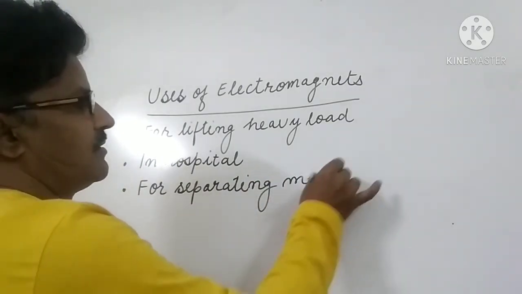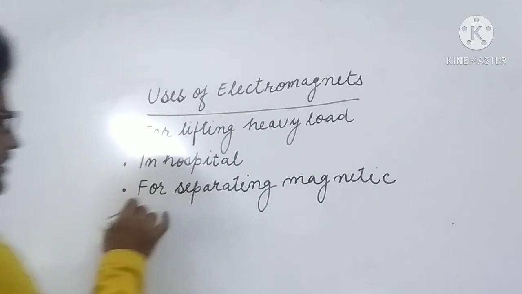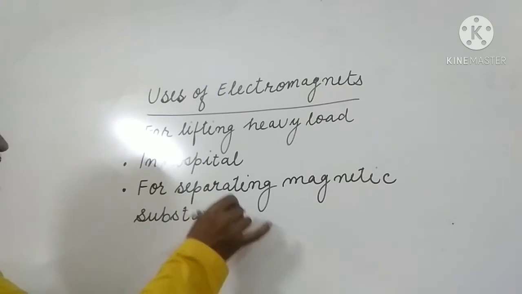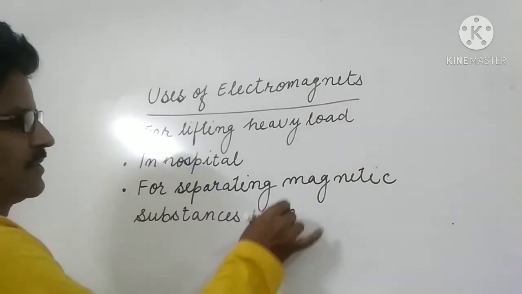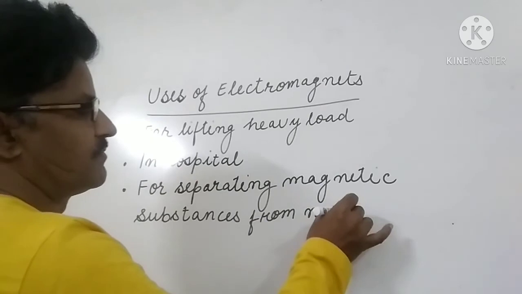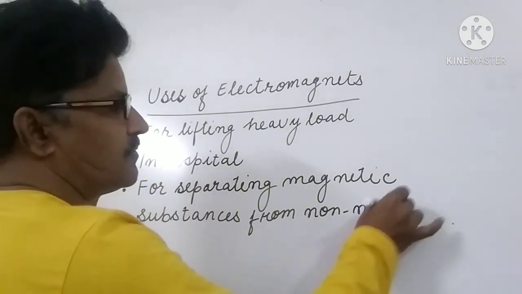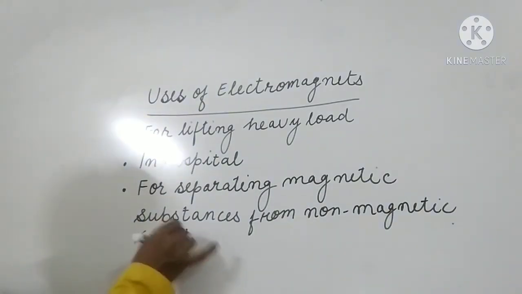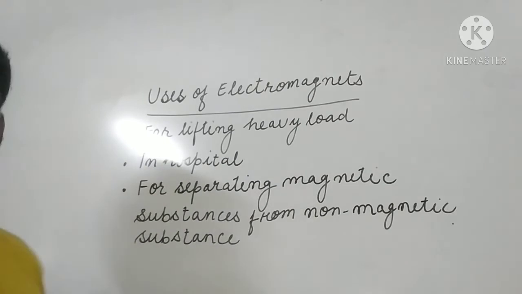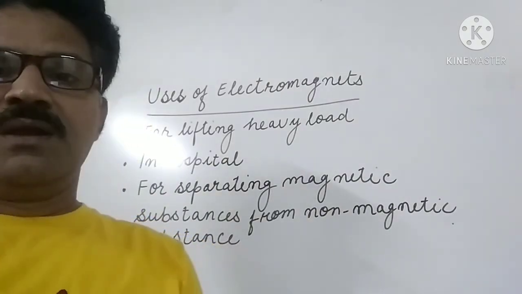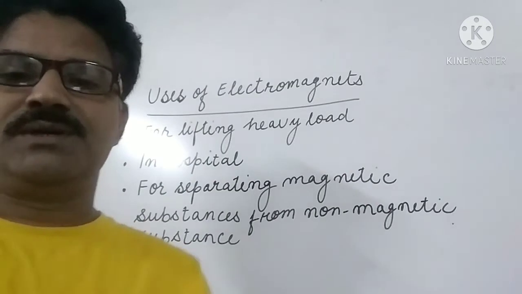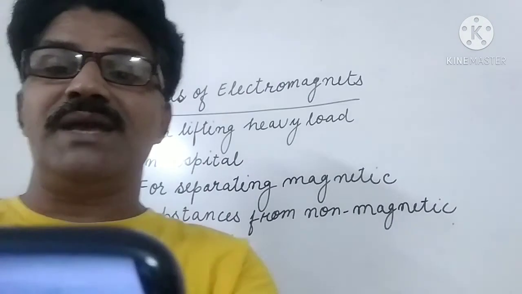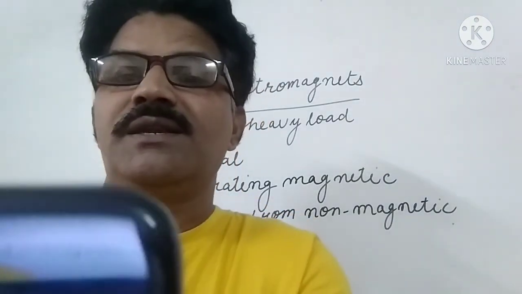from non-magnetic substances. Electromagnets are used for separating magnetic substances from non-magnetic substances.